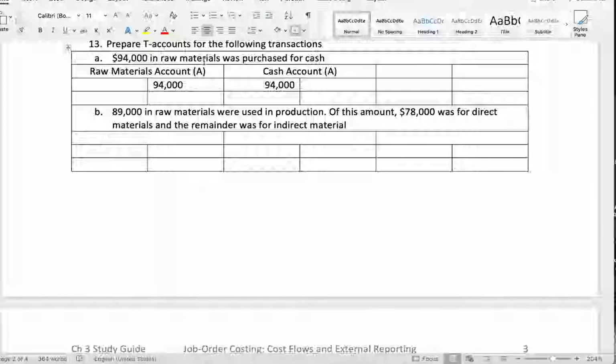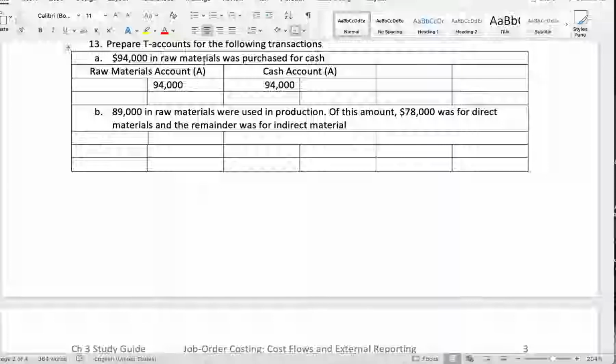And if you remember the lecture video, it gave you a mental image of material leaving the supply area and going to the shop floor. That shop floor represents direct material.